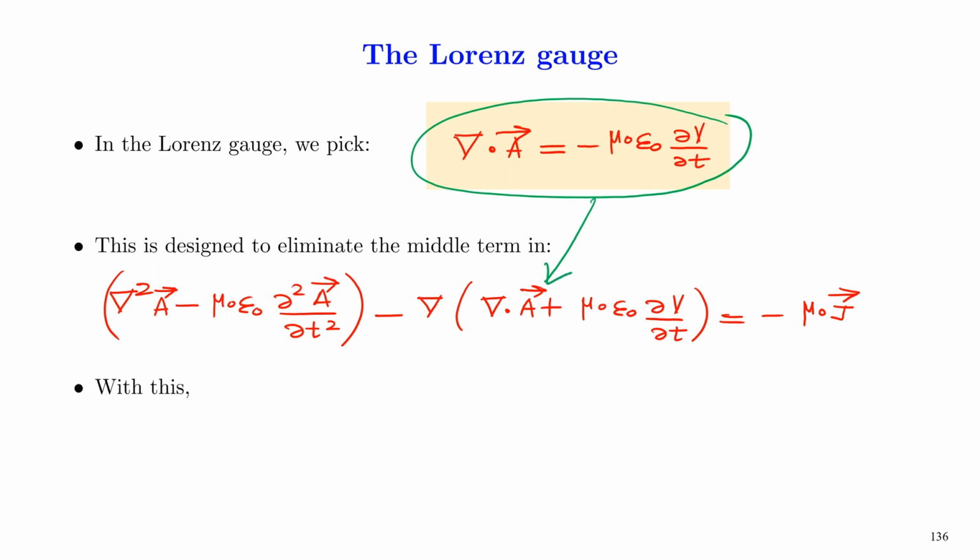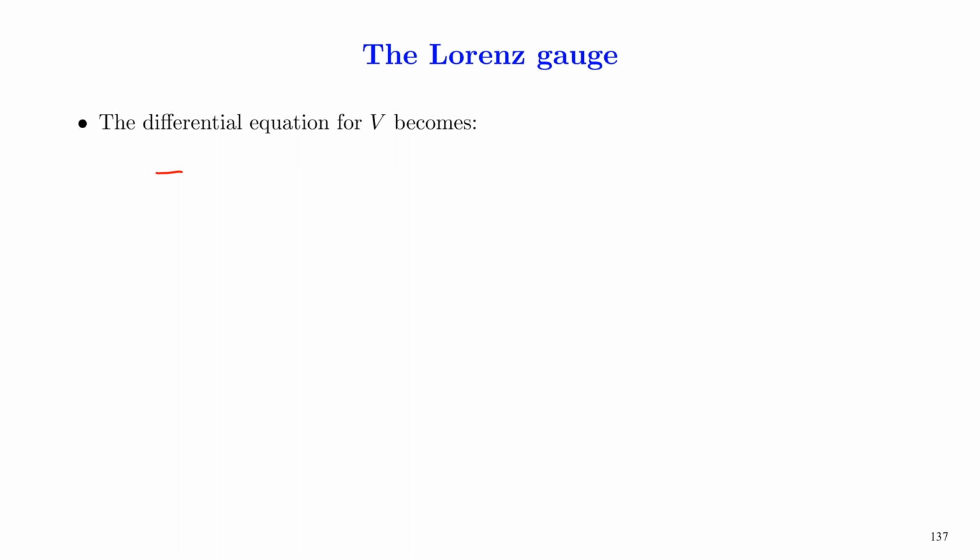this becomes del square A minus mu 0 epsilon 0 dou square A over dou t square equal to negative mu 0 j. As for Gauss's law, we have del square V plus dou over dou t of del dot A equal to negative 1 over epsilon 0 times rho.